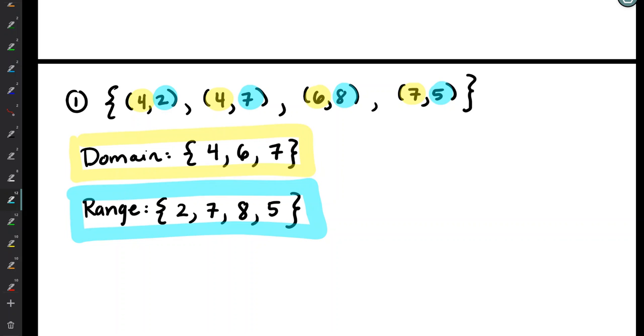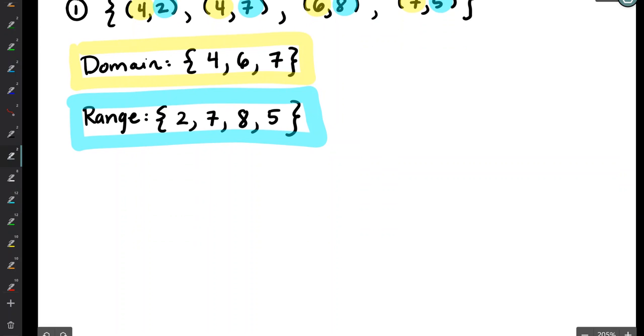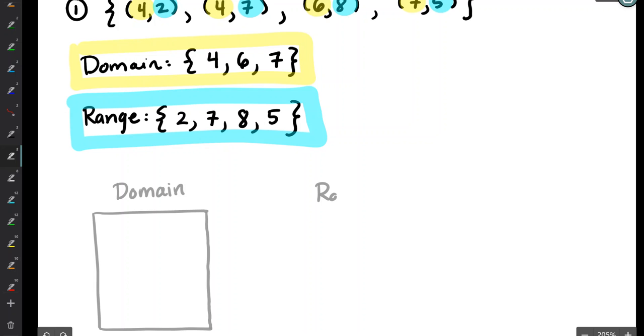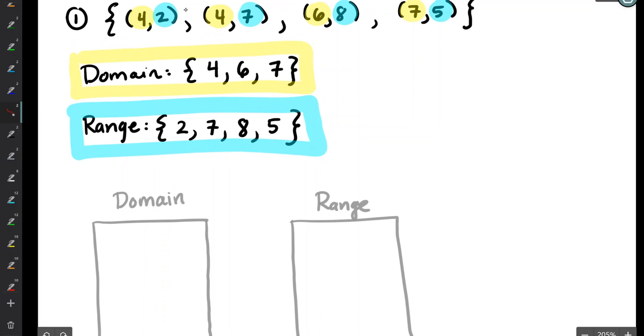Let's go back to our Scratch and draw our mappings. So I'm going to write my domain here. My range here. And looking at my ordered pairs, I see 4 is sent to 2. When x is 4, y is 2.